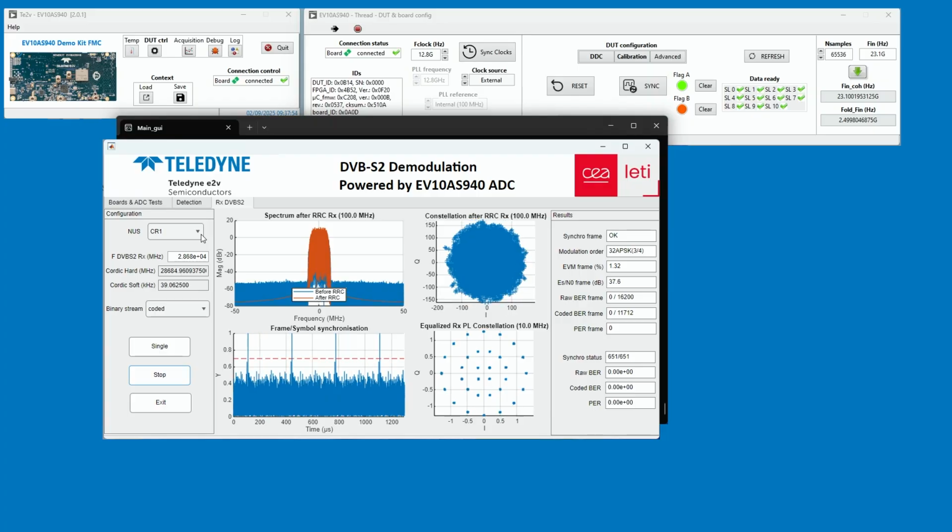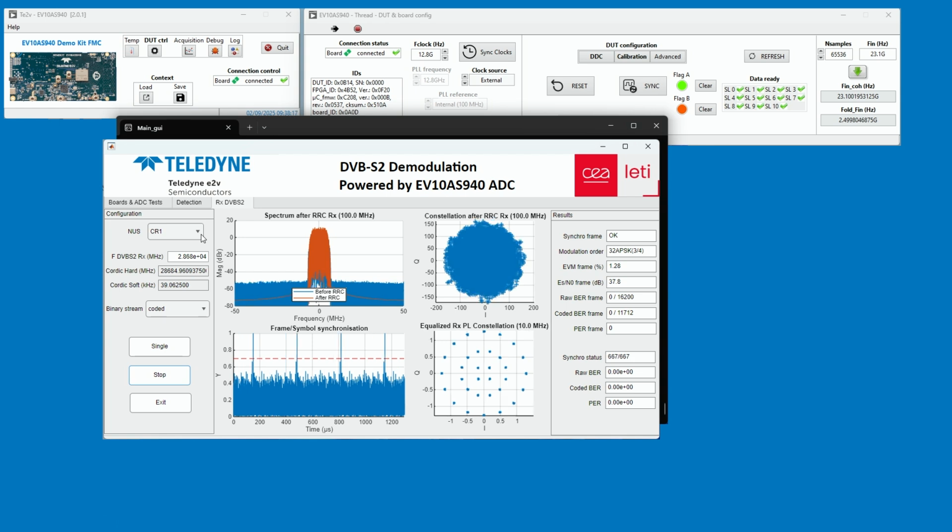after NUS-based acquisition. An example here of transmission in the fifth Nyquist zone of a DVB-S2 32APSK signal at 28.6 GHz from the Rohde & Schwarz instrument without noise. The compression ratio equals 1. We observed an EVM between 1% and 2%.